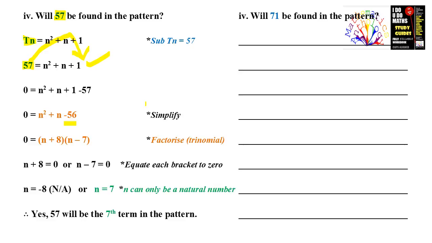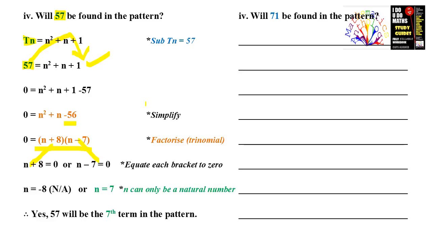Now I can use a cross method here to solve trinomials. We've done this before, so refer to that if you are unsure how to get these two brackets here. So 0 is equal to n squared plus n minus 56. Your two brackets are going to be 0 is equal to n plus 8 and n minus 7. You need to take each of those brackets, make them equal to 0, and solve for n.